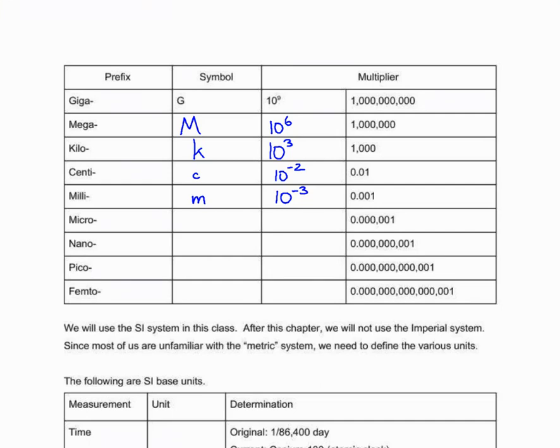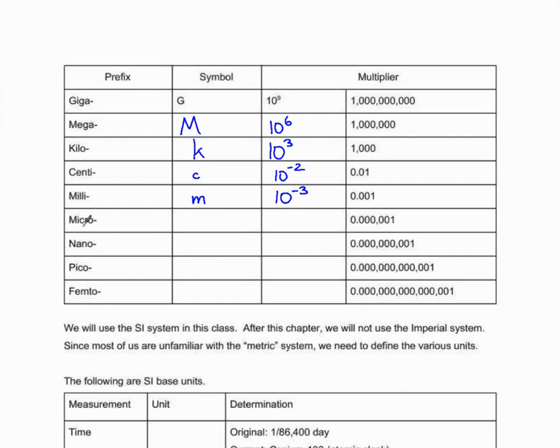You could be talking about milliliters. There are 1,000 milliliters in 1 liter. Another possibility is millimeters. So if you have a meter stick and you look at it, you'll notice there are some lines that are very close together, and there are 1,000 of them. There are 1,000 millimeters in 1 meter.